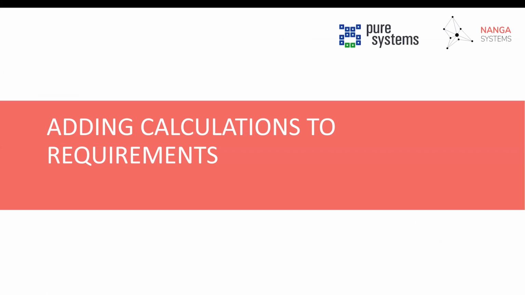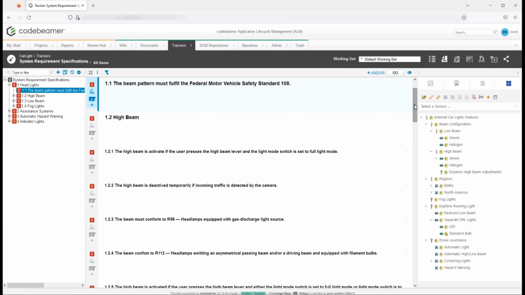In the next example, I want to show you how we could add some calculations to a requirement. So we had a restriction. This is nice, but maybe we want to add some more specific things, and not just for a specific variant, maybe for the whole feature model.